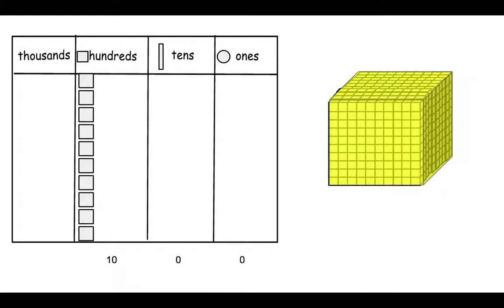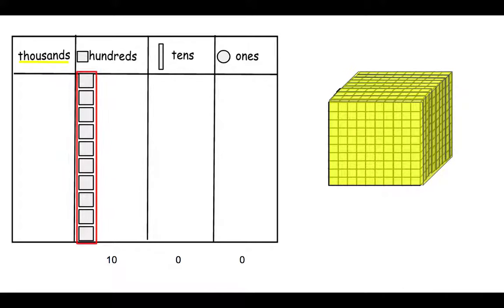And let's think about how many squares of 100 it took to build this. Well, we can see it's a first, a second, 3, 4, 5, 6 hundreds, 7 squares, 8 squares, 9 squares, 10 squares.